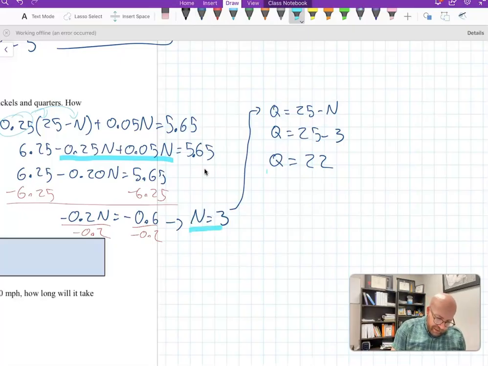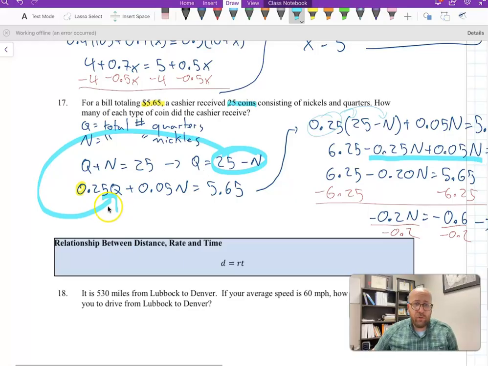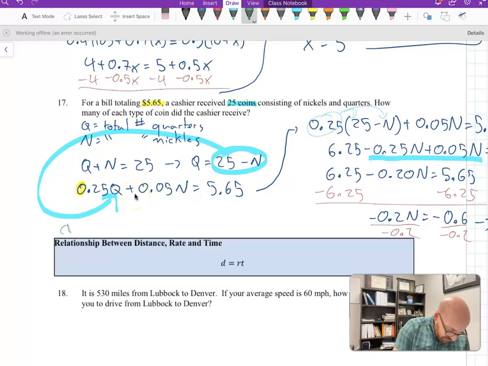Let's do a quick check to make sure this all works out. To do our check, we're going to go all the way back to this equation. Here's my check. 0.25 times 22 plus 0.05 times 3. Does this equal $5.65?